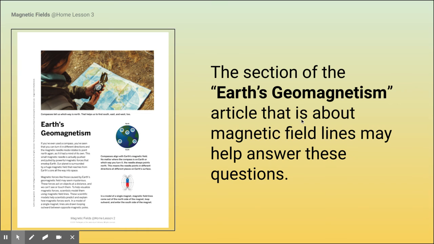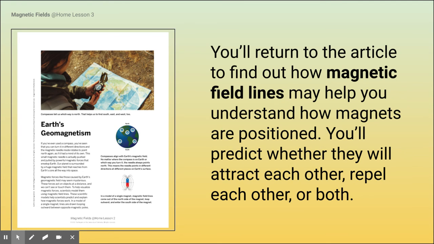Okay, the section of Earth's geomagnetism article that is about magnetic field lines may help answer these questions. So you return to the article to find out how magnetic field lines may help you understand how magnets are positioned. You'll predict whether they will attract each other, repel each other, or both.